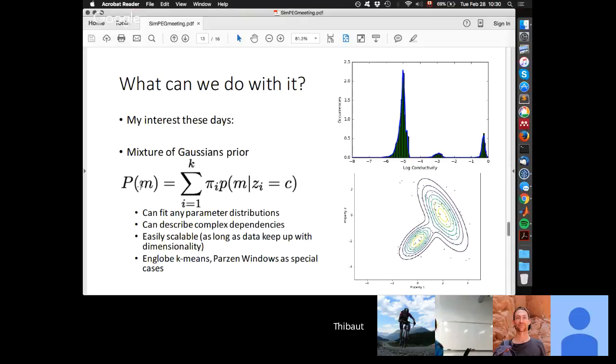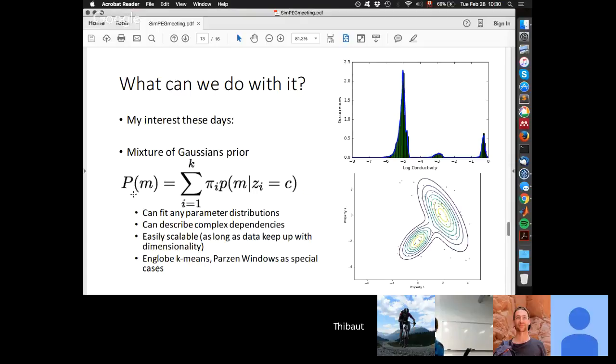But in my case, I have tons of petrophysical data, and my goal is to make my inversion retrieve model parameters that fall into these bins that are defined by my petrophysical data.